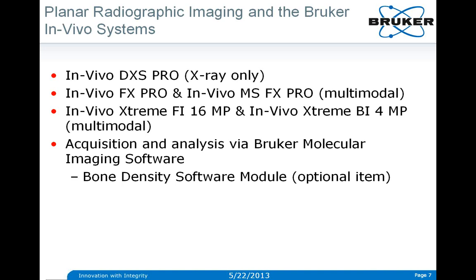The In-Vivo FX Pro and In-Vivo Multispectral FX Pro are multimodal imaging systems that provide for optical, radioisotopic, and X-ray imaging capability. And then our most recent multimodal imaging systems, the In-Vivo Xtreme systems, the 16 megapixel and 4 megapixel system. With all the systems, acquisition and analysis is performed via the Bruker molecular imaging software.